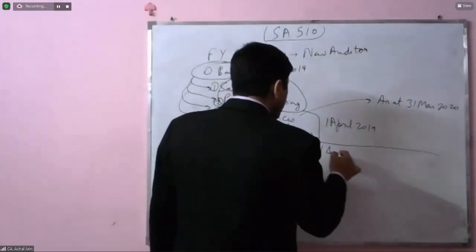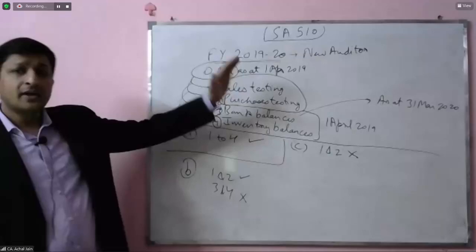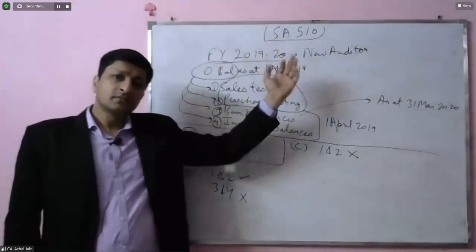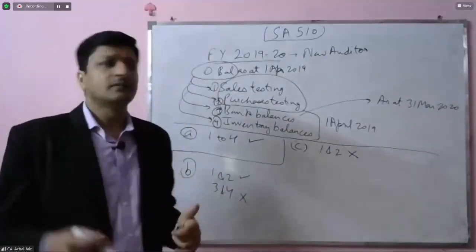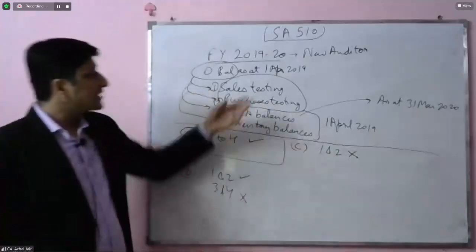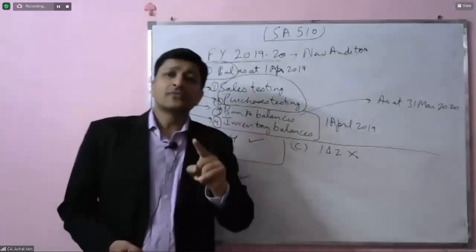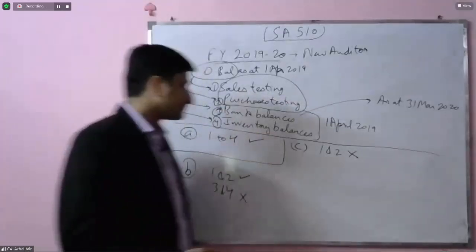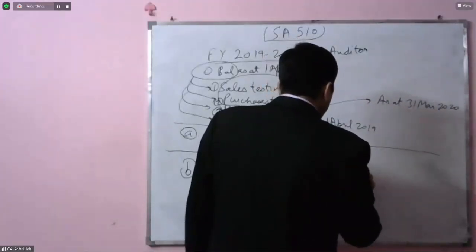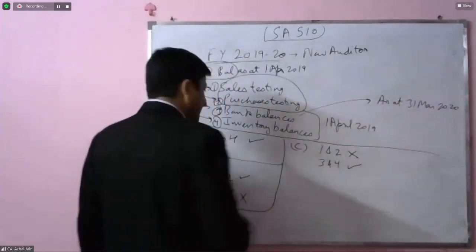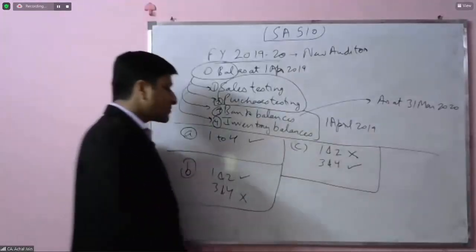Option number C says 1 and 2 don't appear to be fine, because actually auditor is going back to previous years by looking at sales and purchases of the previous years, which is of no use because it's all done. It's all appearing in the form of balances, and which would actually get tested when these balances would get tested at the end of 31st March 2020. But to perform procedure number 3 and 4 is all right. So that appears to be fine. That is absolutely okay.